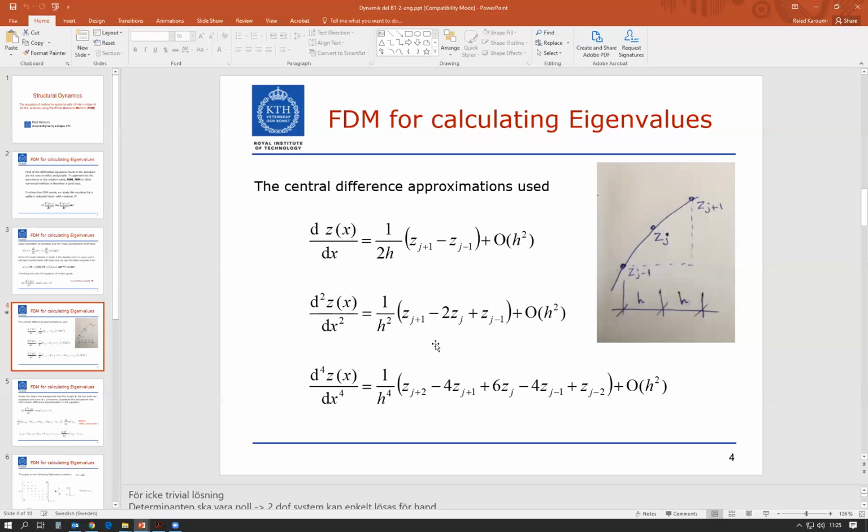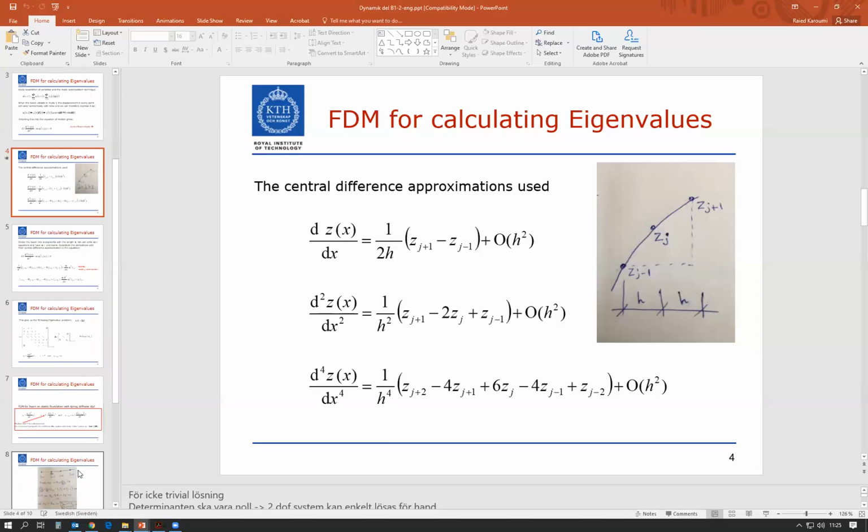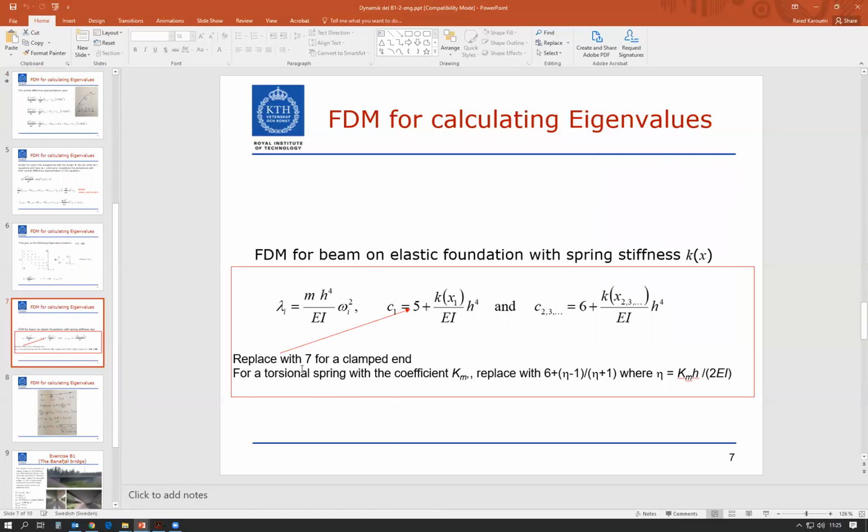I don't have this equation here, but you will find it in the textbooks or in the handbooks. So you have to use that to get the slope, and if you do the derivation, you will see that you'll end up with a 7 instead for the clamped end. Okay.